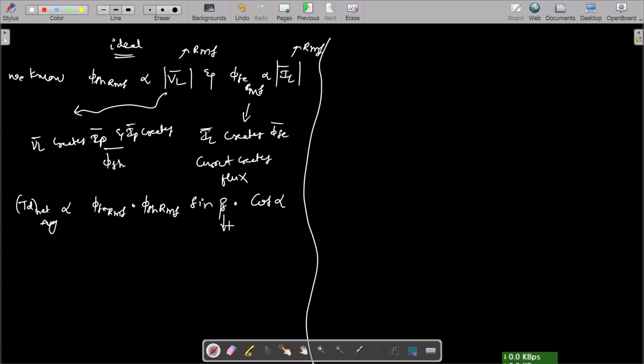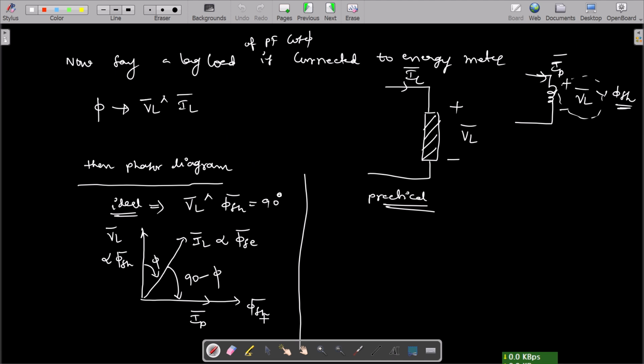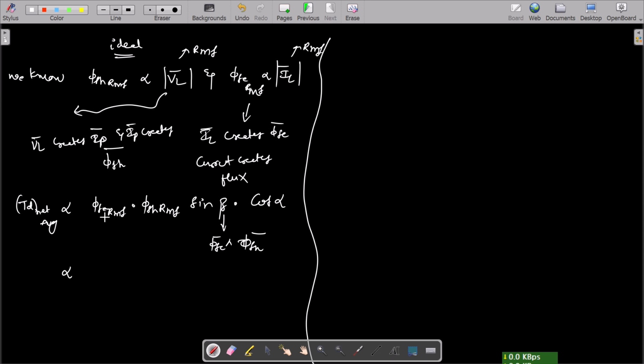This beta is nothing but the angle between phi SC and phi SH, which will be equal to 90 minus phi. So this will be proportional to mod IL bar, and this to mod VL, and this will be sine of 90 minus phi, and let us say this alpha to be 0 for the time being. Then it will be 1.